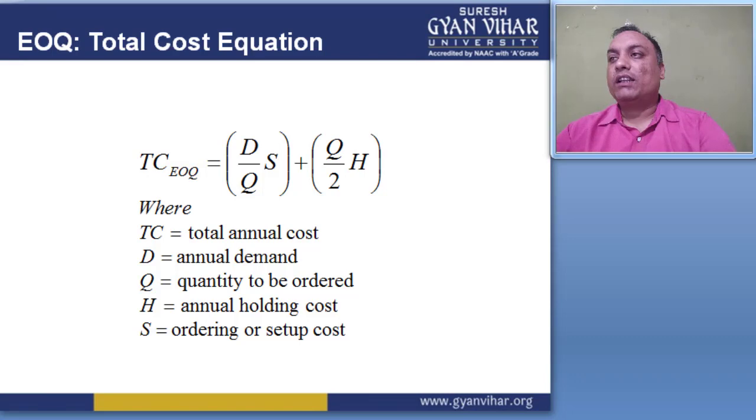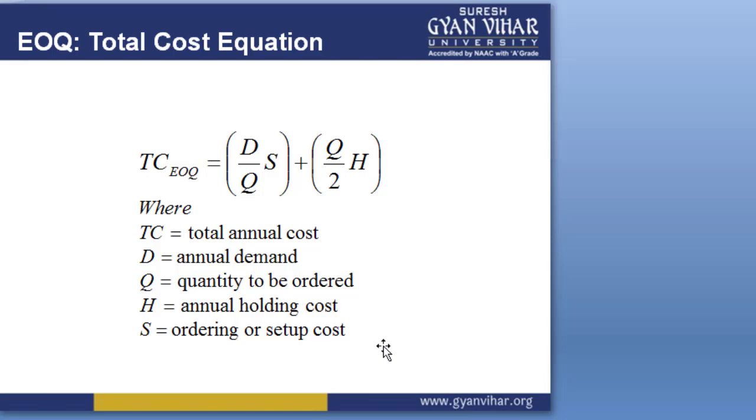Therefore it is assumed that ordering cost per order remains constant. The more frequently orders are placed, and the fewer the quantities purchased on each order, the greater the ordering cost, and vice versa. This relation is shown in the figure.